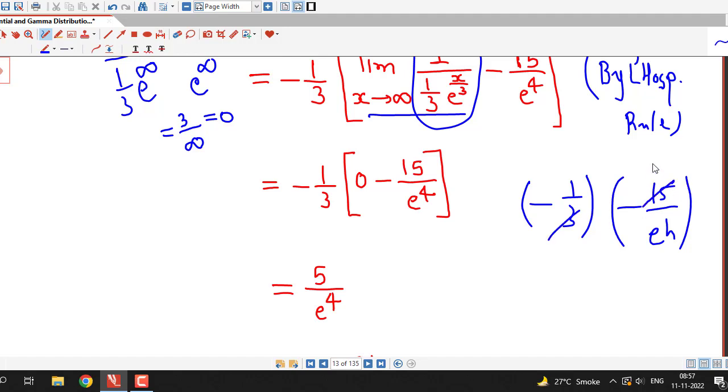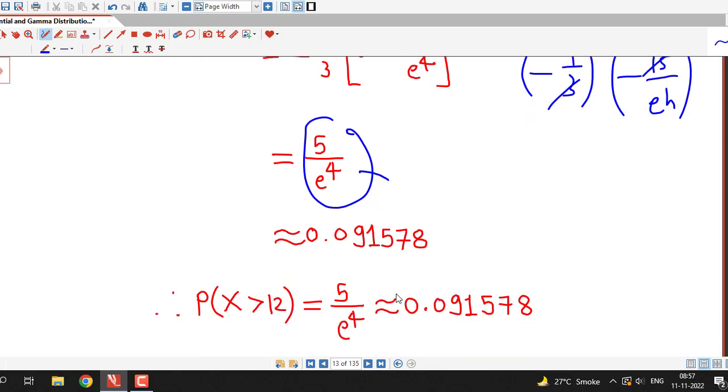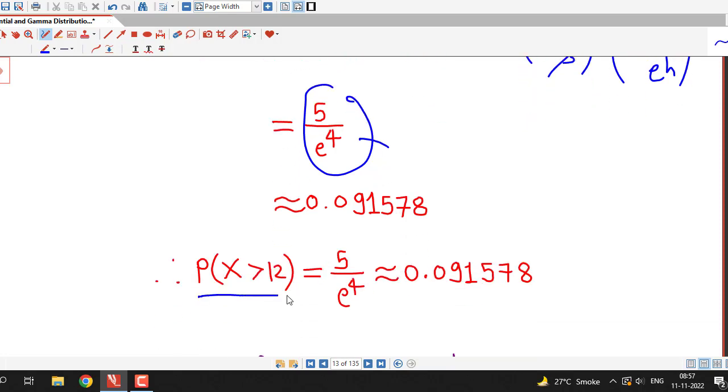So this 3 will cancel out, negative negative positive, and we get 5 divided by e to the power 4. If we use a scientific calculator we obtain this answer up to 6 decimal places. This is 0.091578. So this is the required probability.